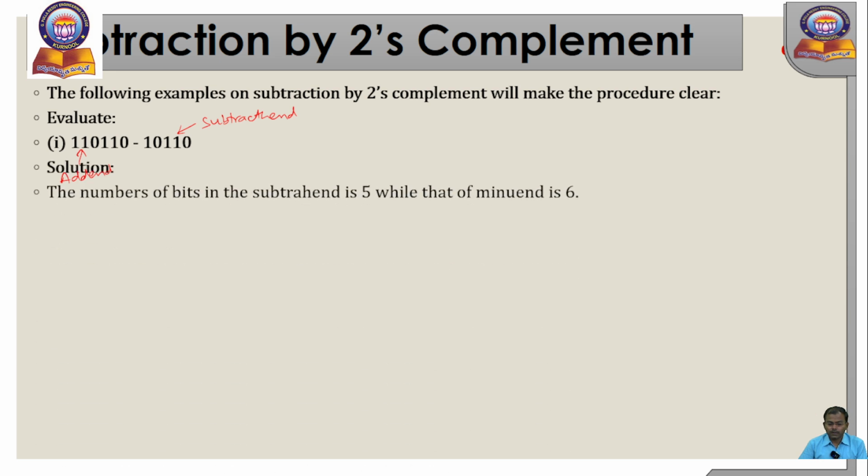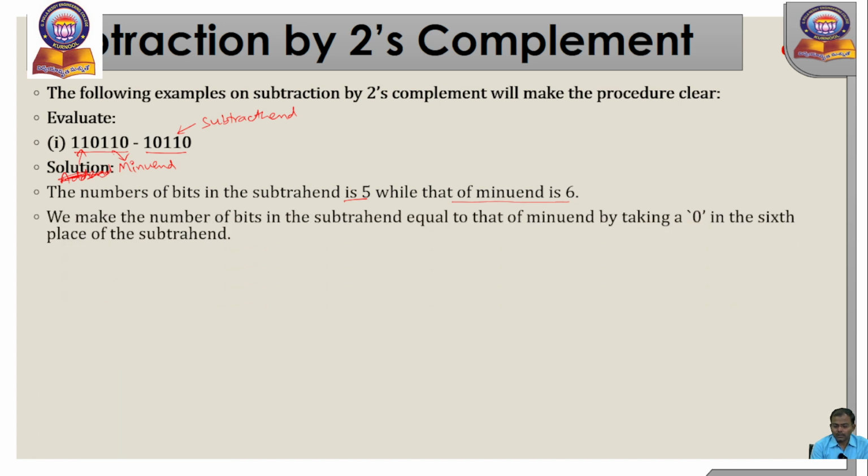In the solution, first, the number of bits in the subtrahend is 5, while that of the minuend is 6. You can see here 5 bits and here 6 bits. Before performing subtraction using 2's complement, we first make sure that both numbers have the same number of bits.